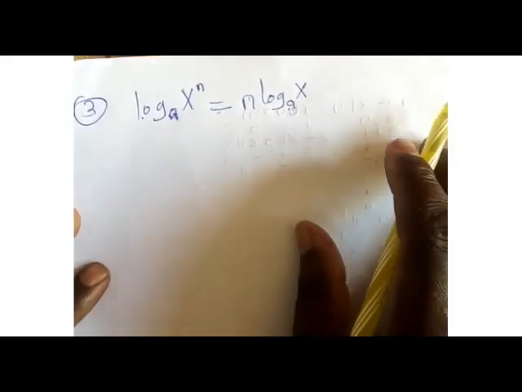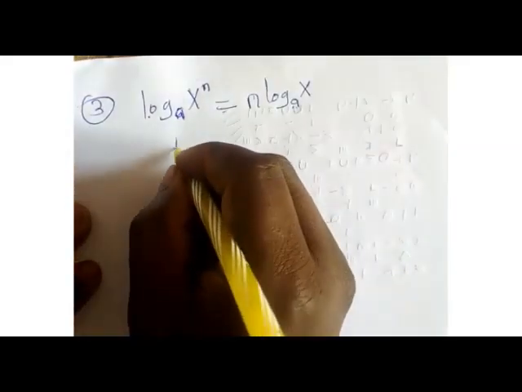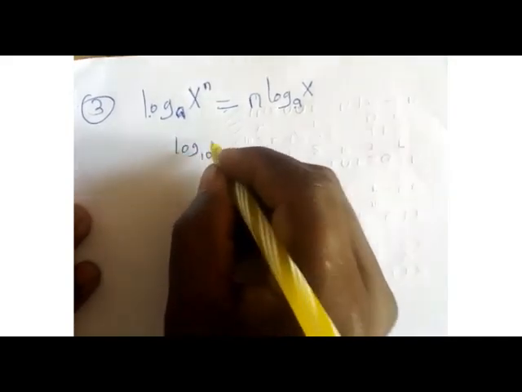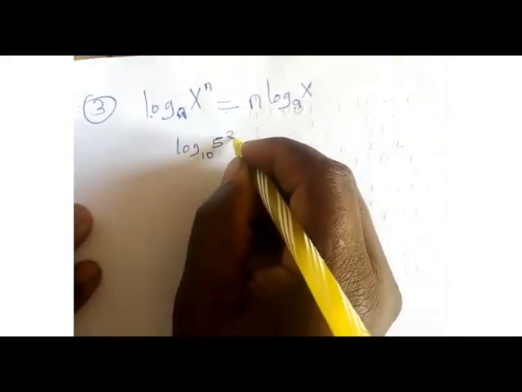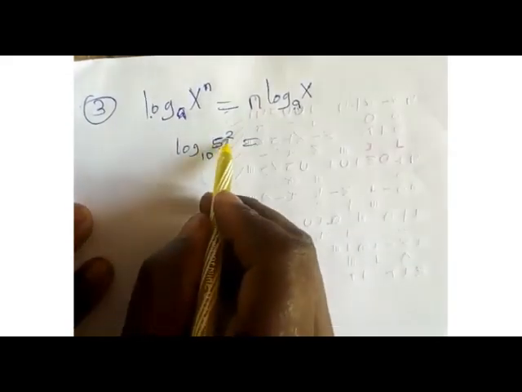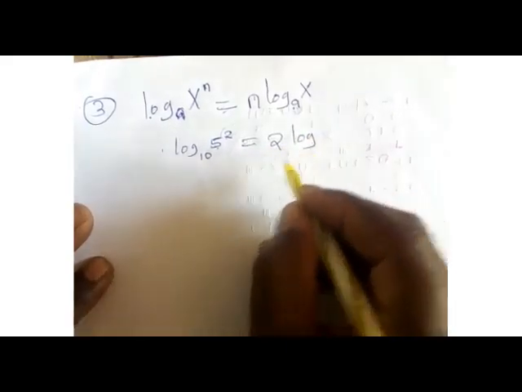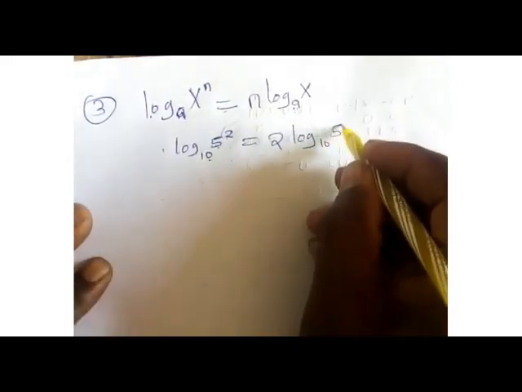Let me take an example so that you can be able to see clearly. So if I have log to base 10 of 5 raised to power 2, right? So this one is the same. This power here, you put it here. So we have 2 log base 10 of 5.